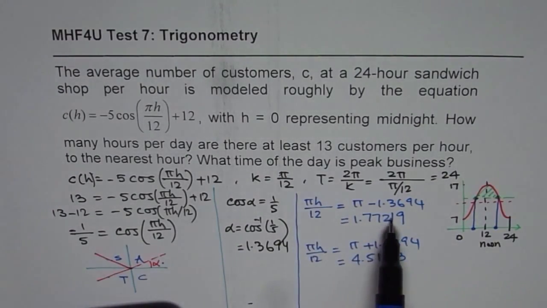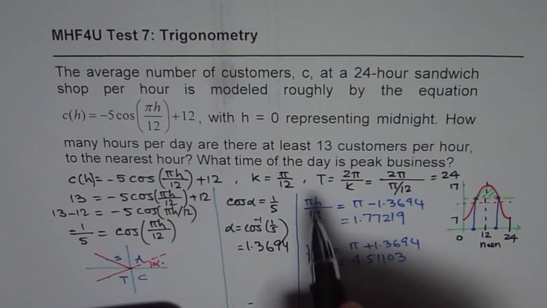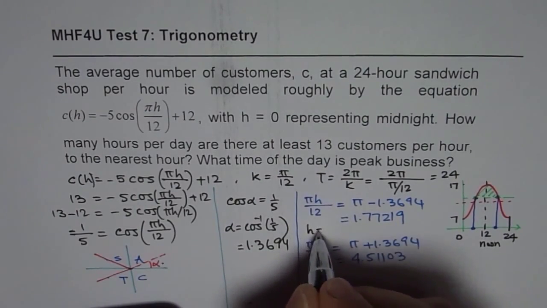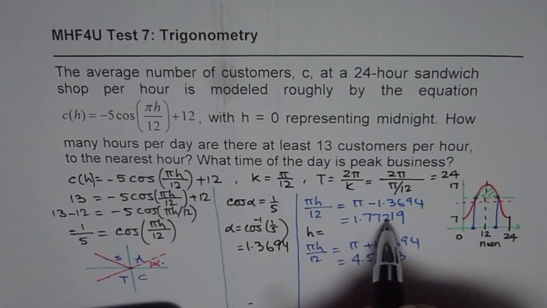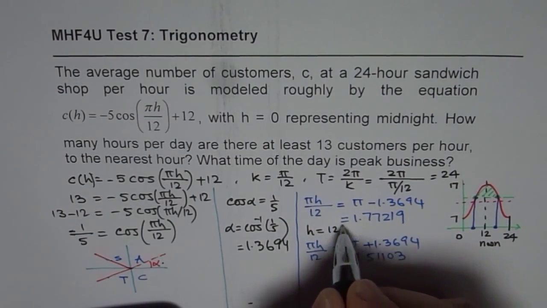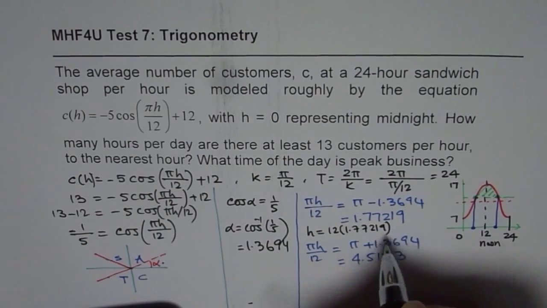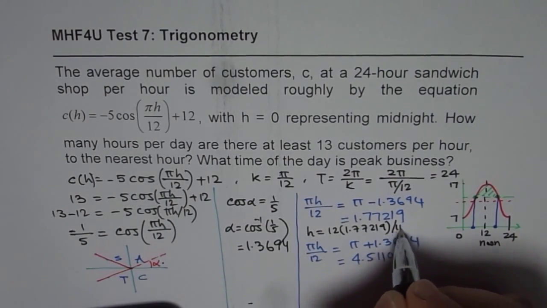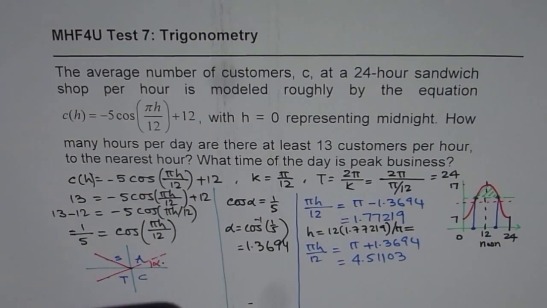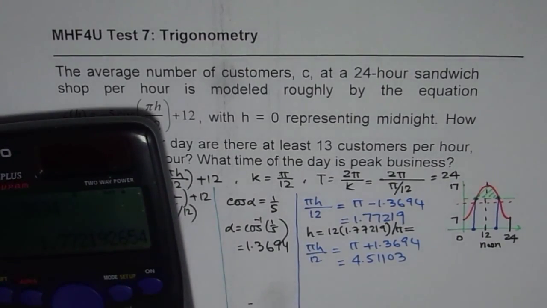Now from these values we can calculate H. H will equal 12 times 1.77219 divided by pi. We multiply this number by 12, and then divide it by pi. A lot of calculations are involved.